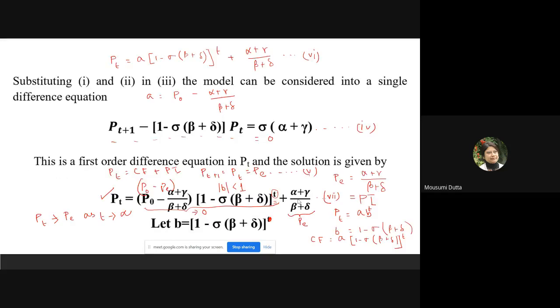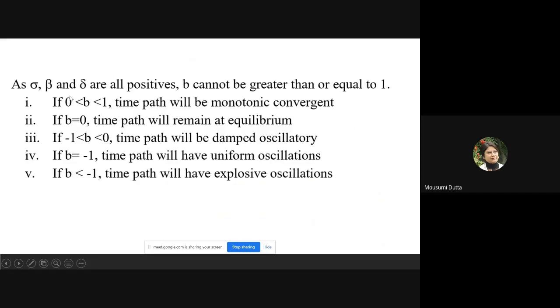So let us come back to the B value. B value is 1 minus sigma into beta plus delta. We are saying that beta, sigma, delta are all positive.